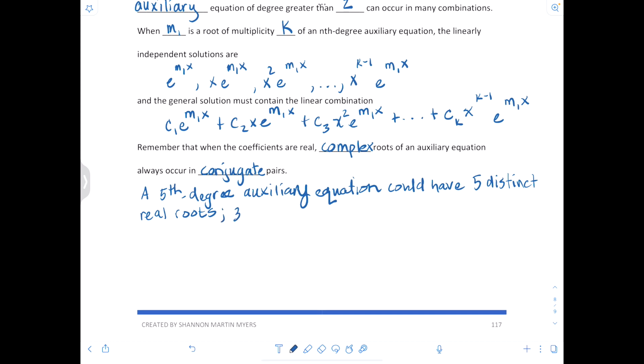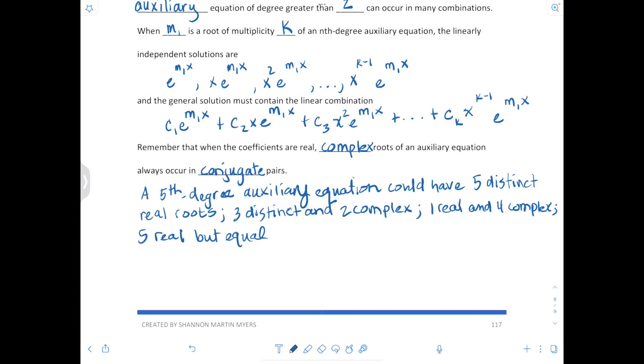It could have 3 distinct and 2 complex roots. It could have 1 real and 4 complex. It could have 5 real but equal roots.